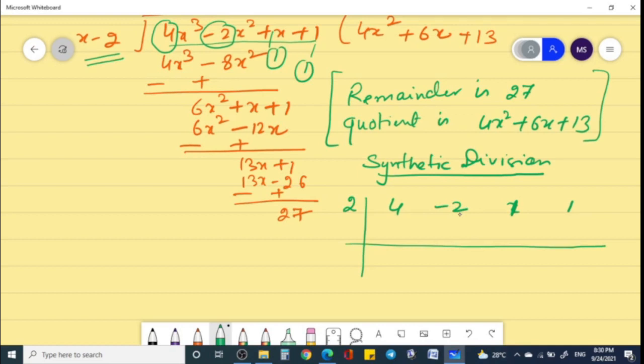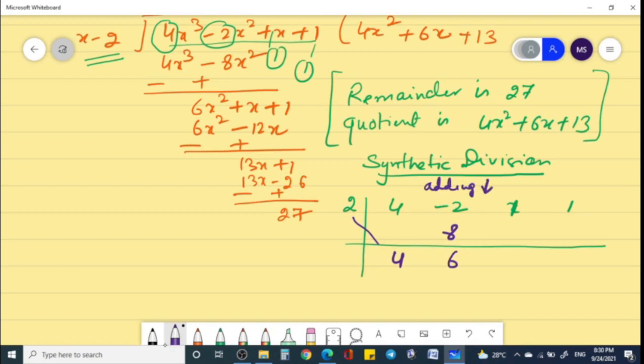Now write 4 straight away and multiply this 4 by 2; 4 twos are 8, and write 8 here. So you will get 6 after adding.